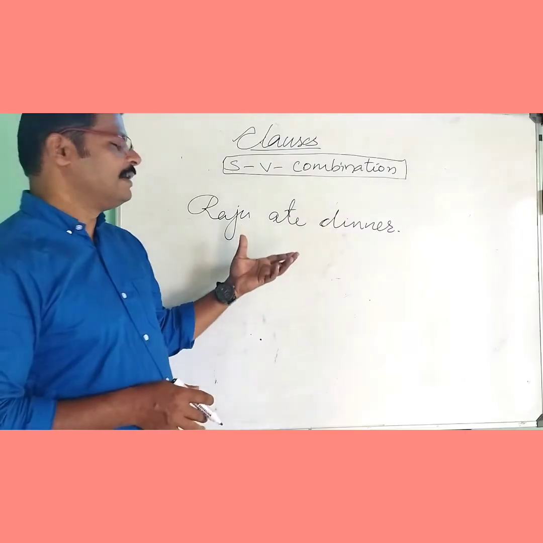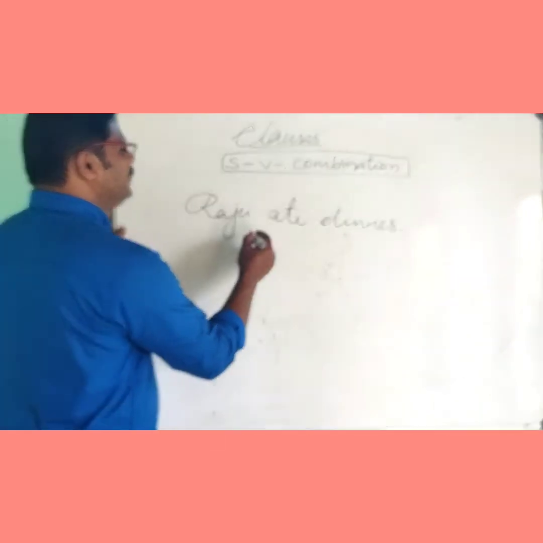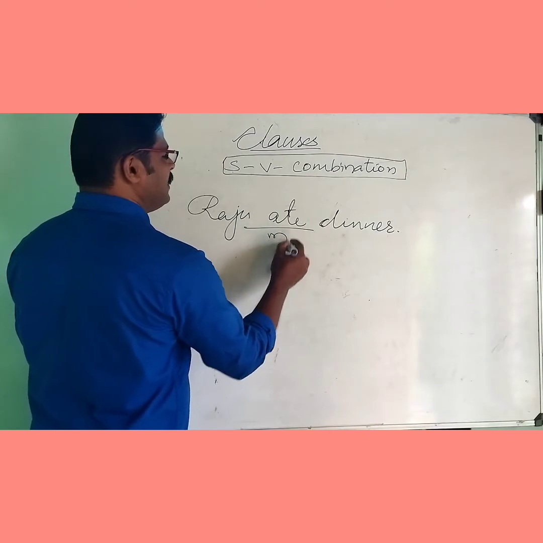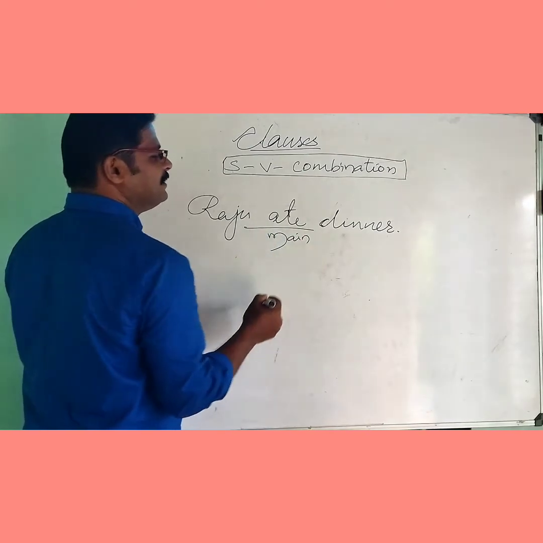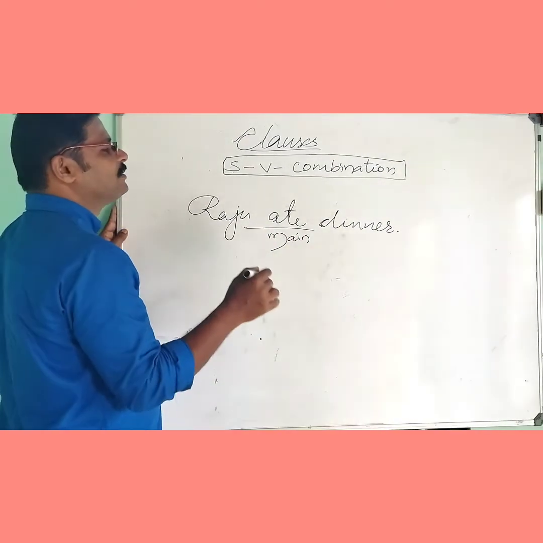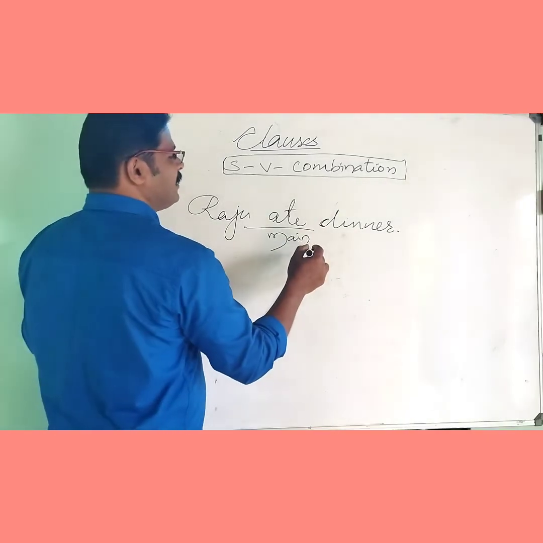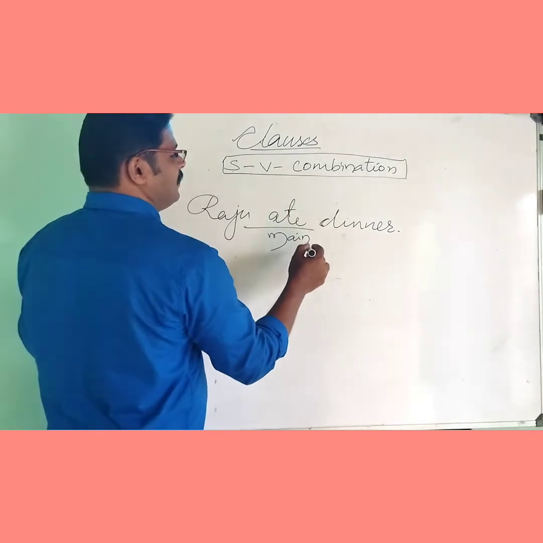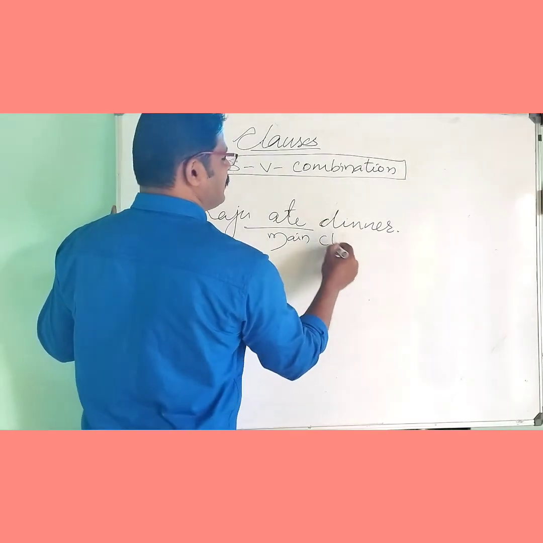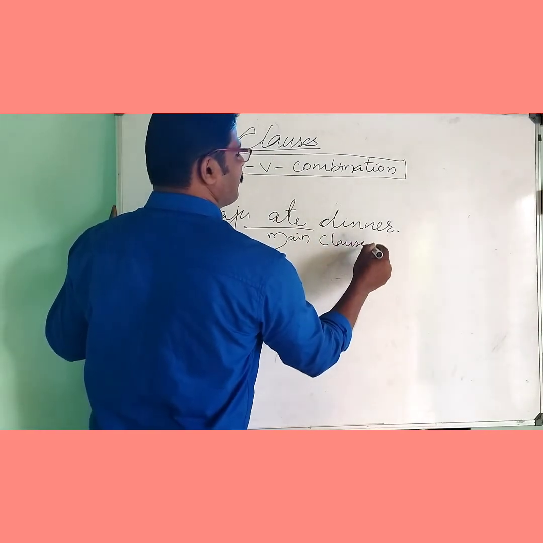So that is a full sentence. So we can say this is a main clause. It doesn't take any other clauses or part of a sentence to make its meaning complete. It is in itself a meaningful sentence. So this is a main clause. Okay.